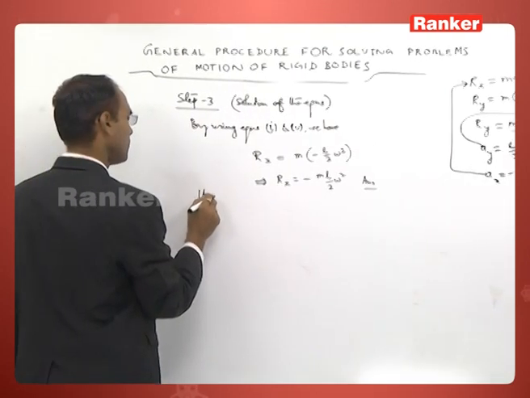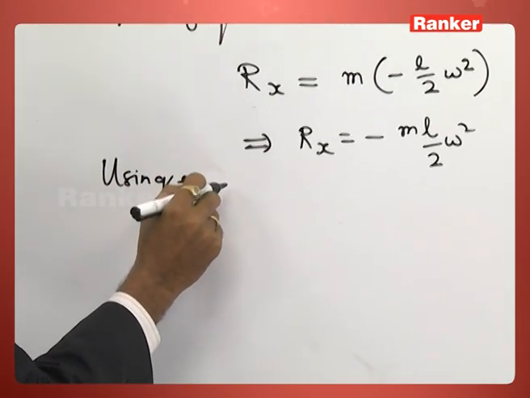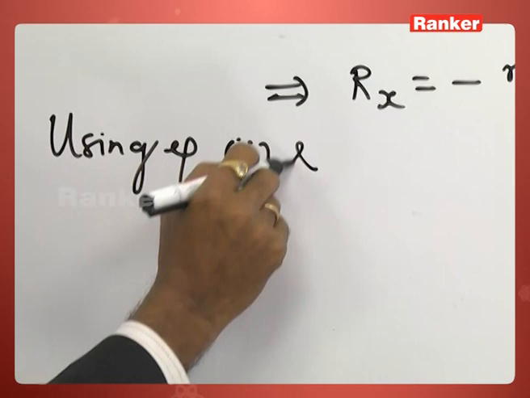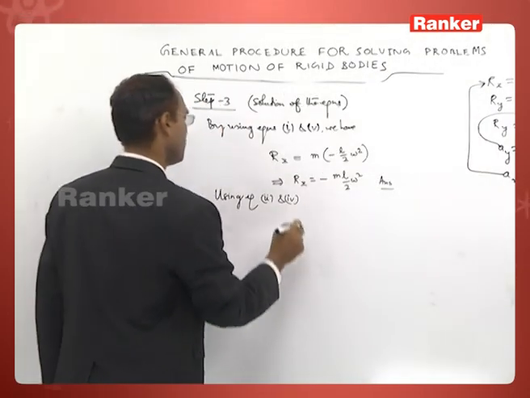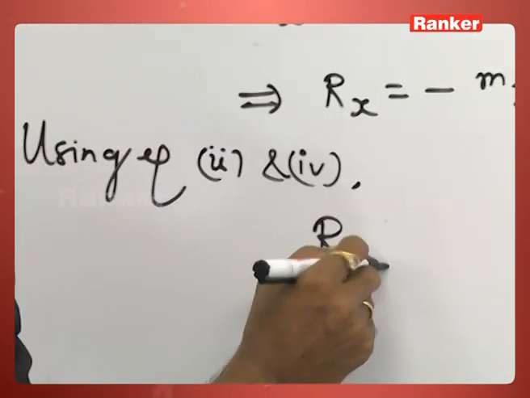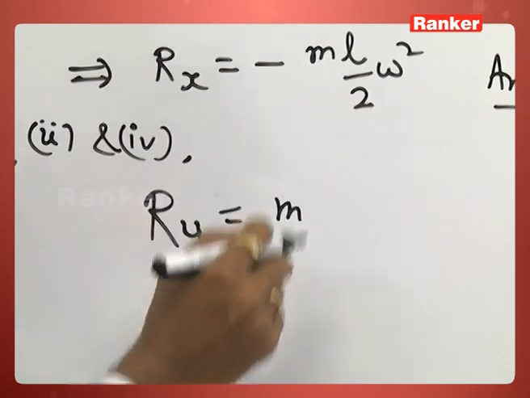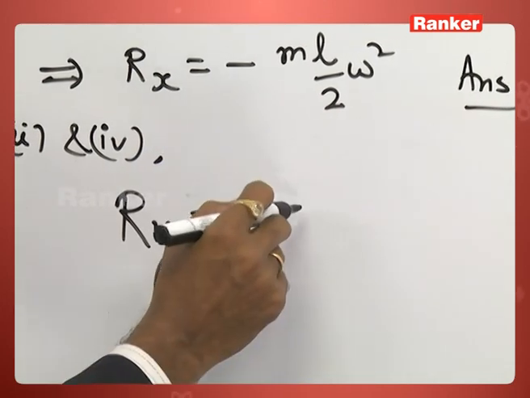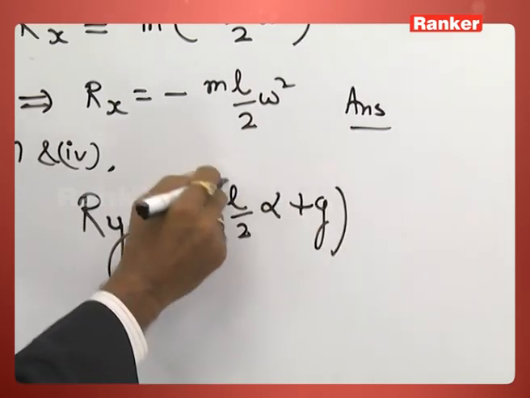Using equation number 2 and 4, we have Ry is equal to m into L by 2 into alpha plus g.